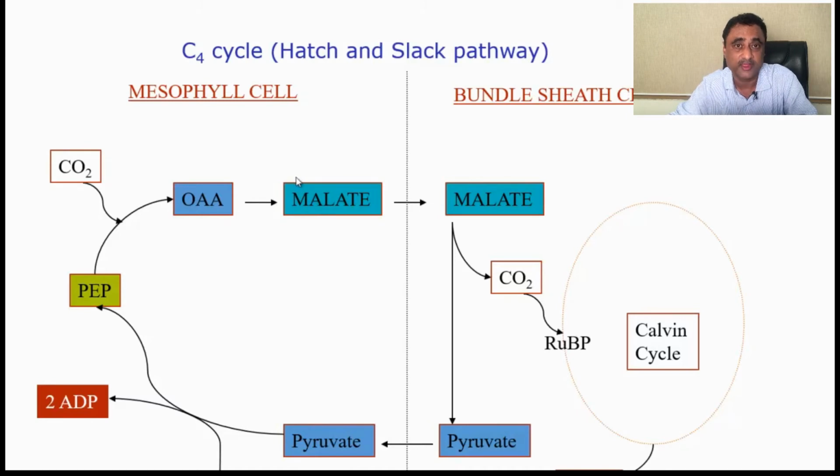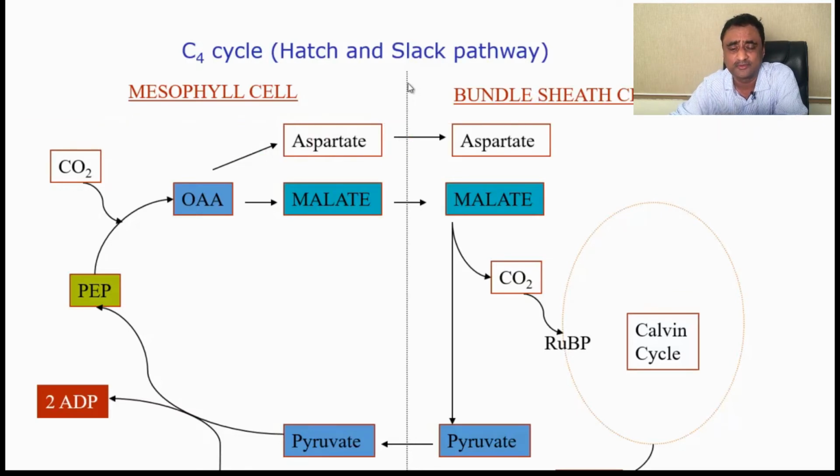But in addition to that, there is one more molecule where the passage from mesophyll to bundle sheath cell can happen, and that is in the form of aspartate. There are a few plants in which, instead of malate, the oxaloacetic acid gets converted into aspartate. So aspartate gets transferred to the bundle sheath cell, and here again it gets converted into malate, and then the rest of the reaction remains the same.